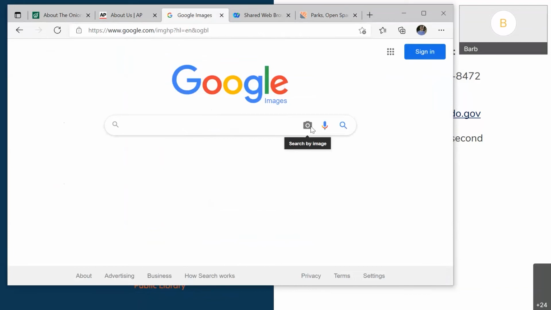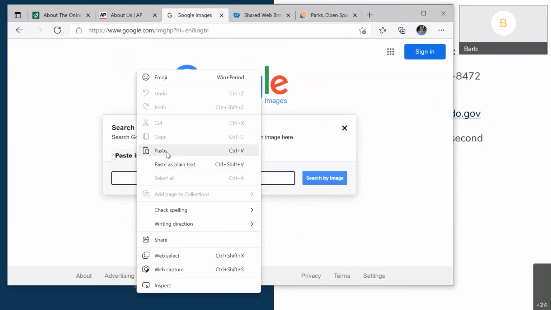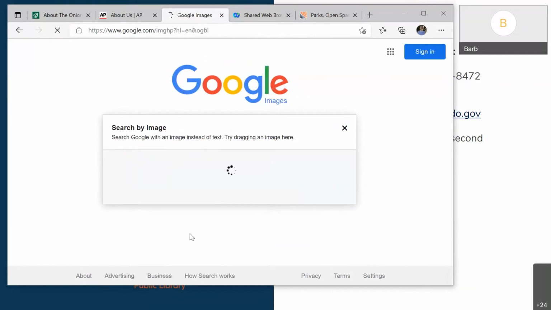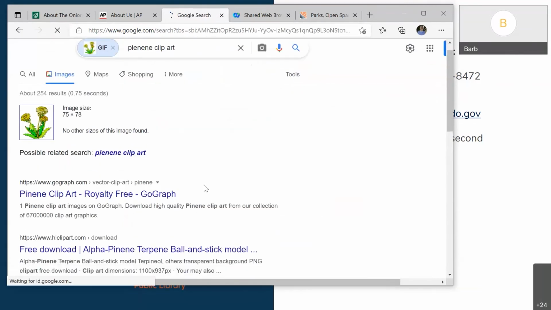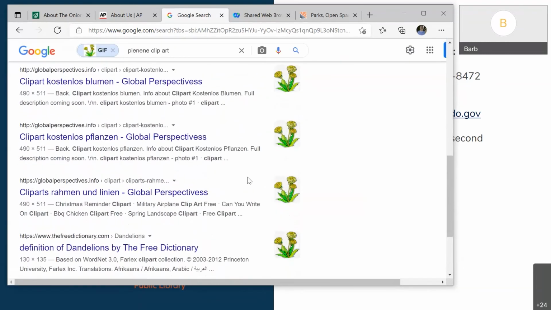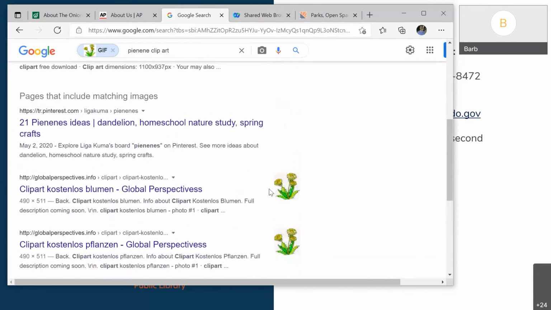We click on the little camera and paste the image URL. So we just paste in what we just copied. Search. And Google is going to show me every other website that uses this piece of art. This is free clip art. It's on quite a few other websites. The freedictionary.com uses it for their dandelion definition here.